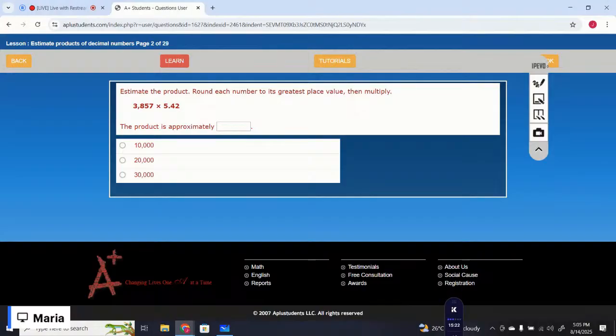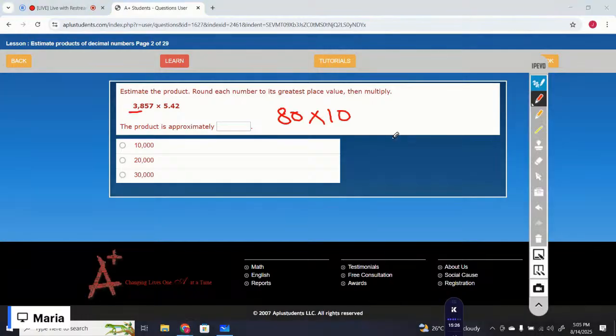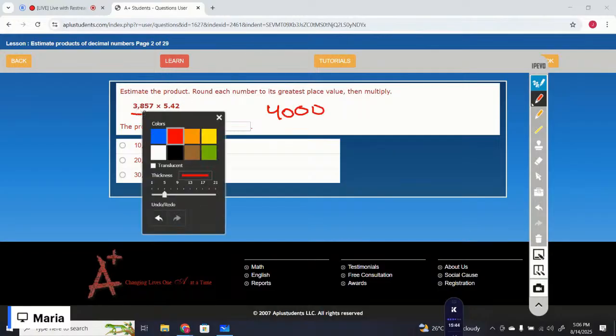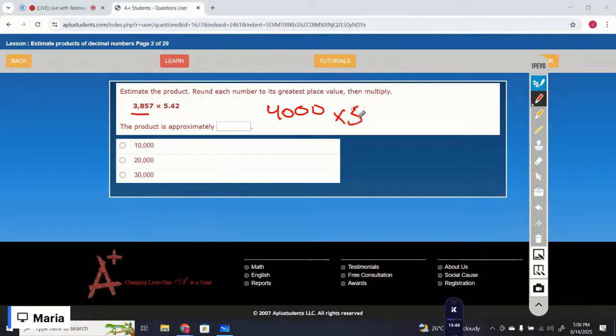Estimate the product, rounding each number to its greatest value and then multiply. 3,847 is rounded to 4,000, right? After the 3, we have 8. 8 is greater than 5, so it would be rounded to 4,000. And 5.42 is rounded to 5.